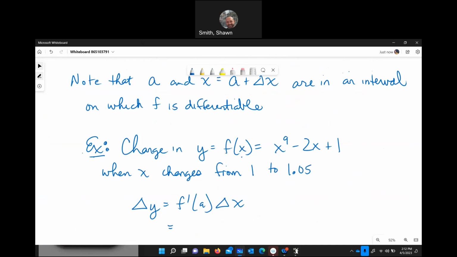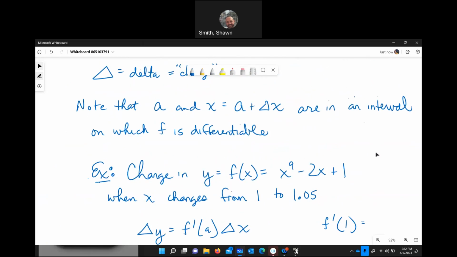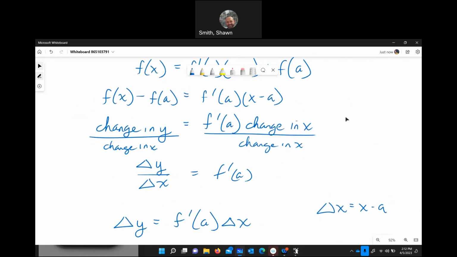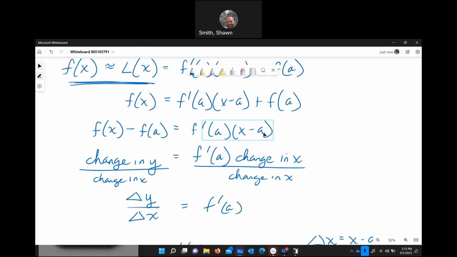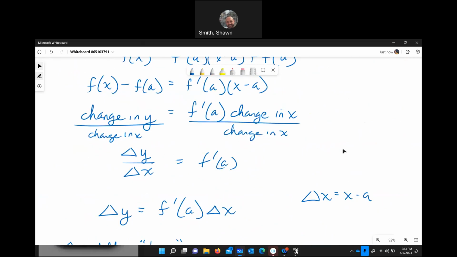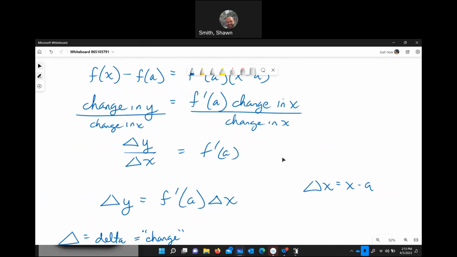So if I look at f prime of 1, you need to go back and see, this was x minus a, okay? So we're looking from 1 to 1.05.